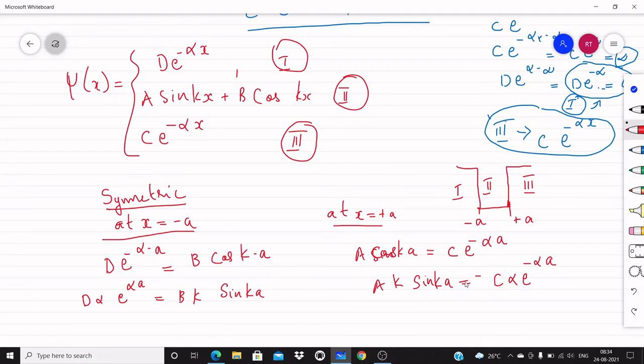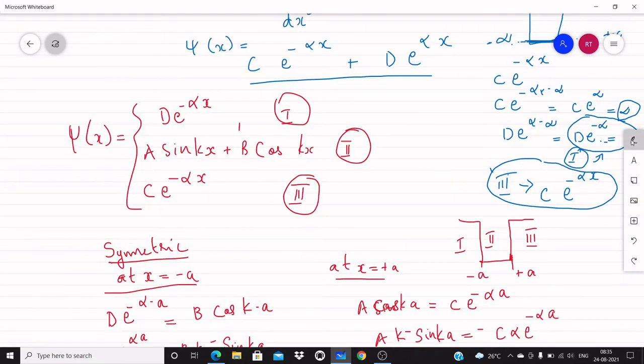Okay, it should be alpha x, not minus, so I should correct it here. It is d e raised to alpha x, c e raised to minus alpha x. So the mistake comes below also.